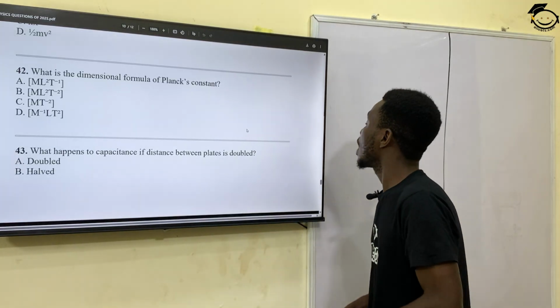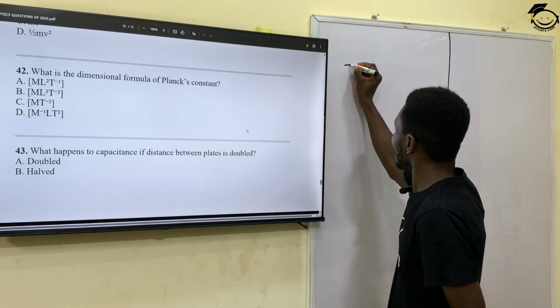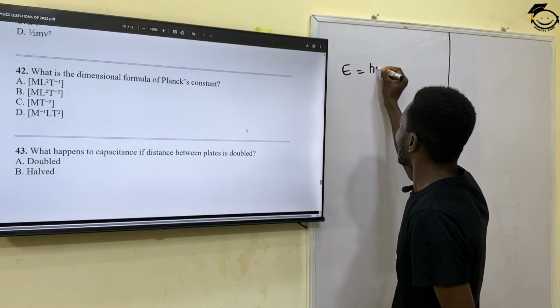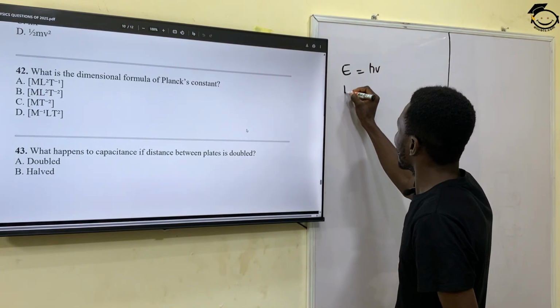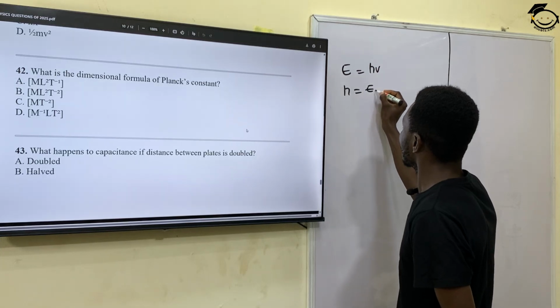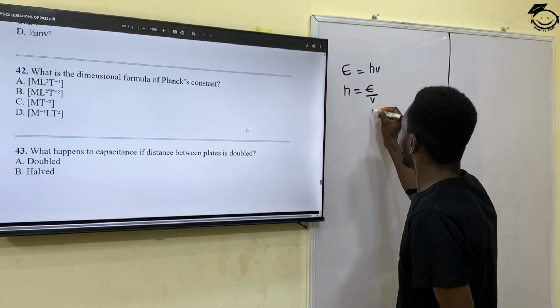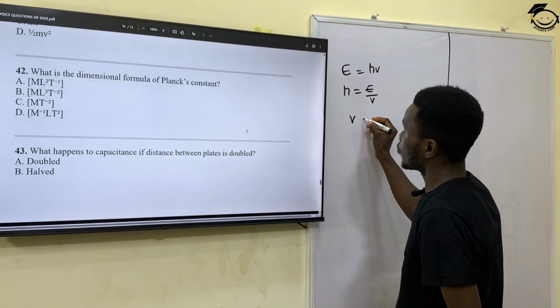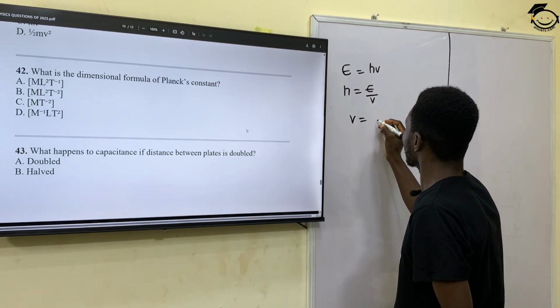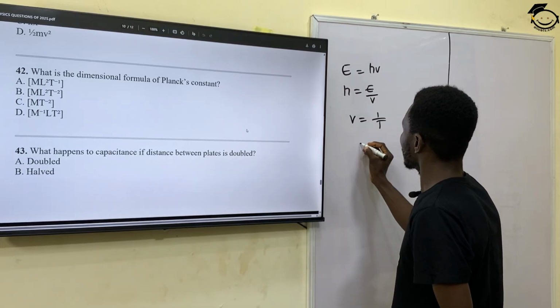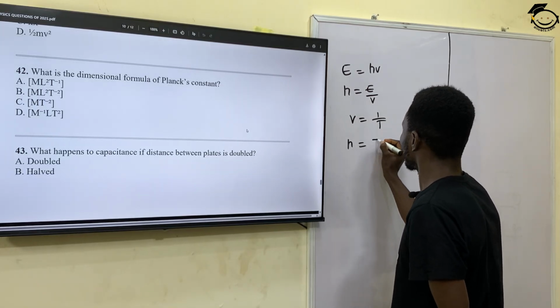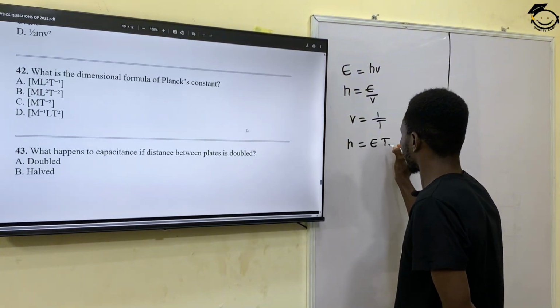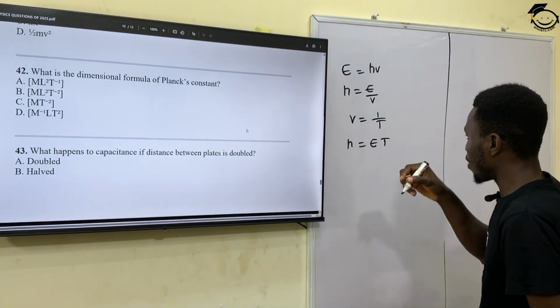Moving on, that takes us to question number 42, which says, what is the dimensional formula of Planck's constant? We know that E is equal to hv, and that means my Planck's constant h is equal to E over v. And we know that v, which is electromagnetic frequency, is equal to 1 over T. This is the same as saying that h is equal to ET.